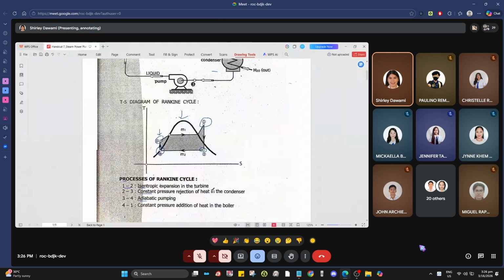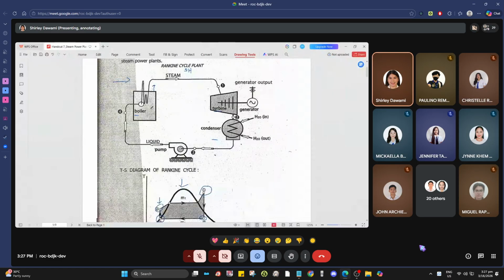Then process 4 to 1 is a constant pressure addition of heat in the boiler. By burning, for example, fossil fuel, the water, which is a subcooled liquid, is heated. Then it leaves as superheated steam.